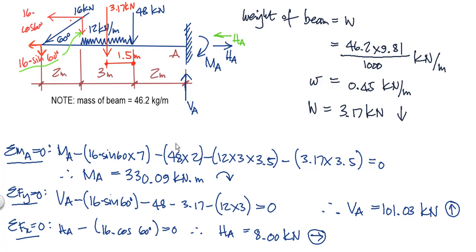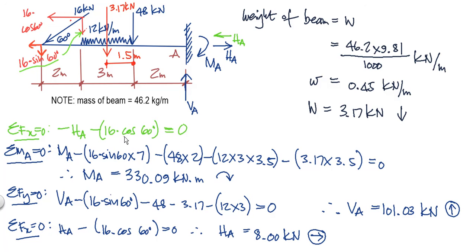I didn't do it, so I wasn't sure, so I guessed it to go left. So now I'm going to say the sum of the forces in the horizontal is equal to 0. That will be minus HA. Why minus? Because I'm assuming left. Minus 16 cos 60 is equal to 0.